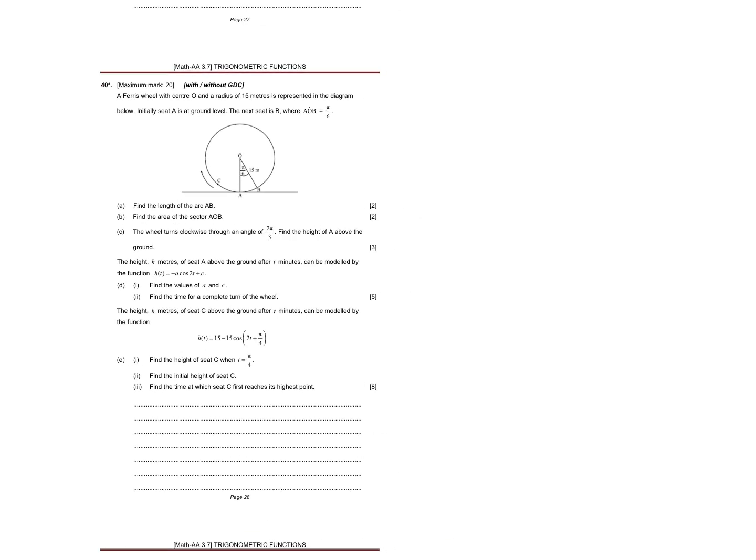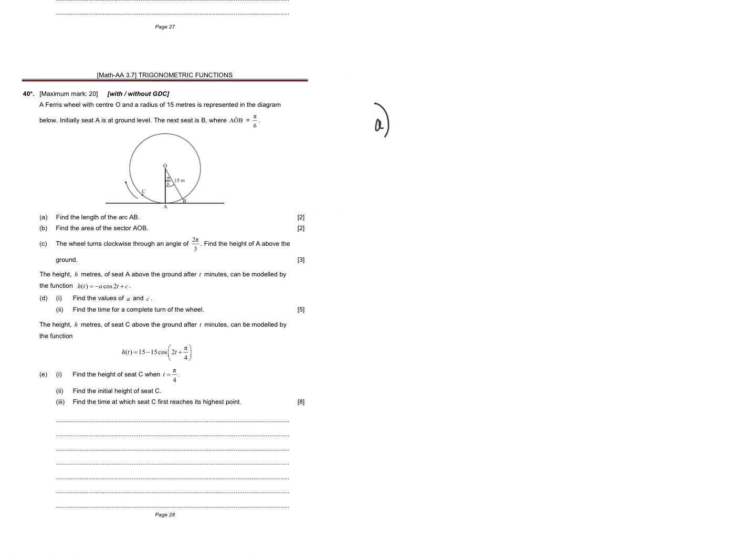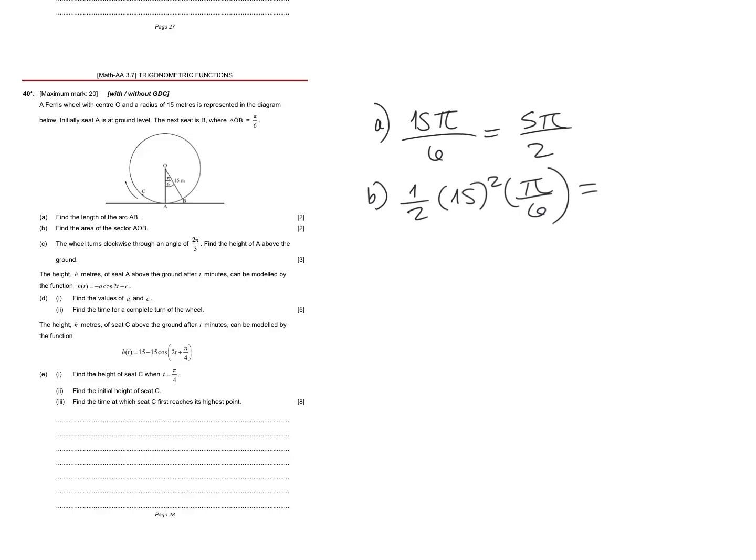Okay, so for A, length of the arc is radius times theta, so 15 pi over 6. That is how long the arc is. For B, find the area of the sector. That's 1/2 r squared theta. So 225 pi over 12.